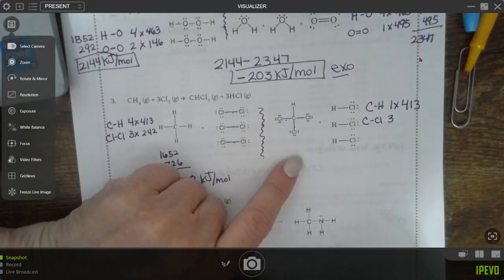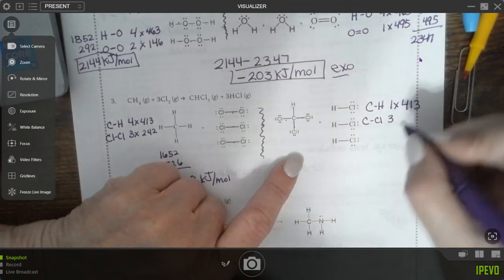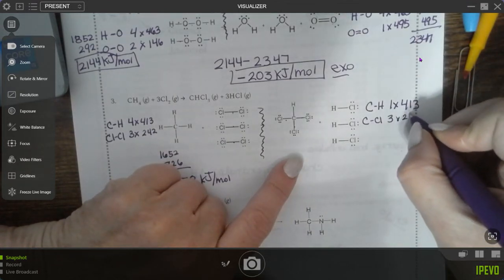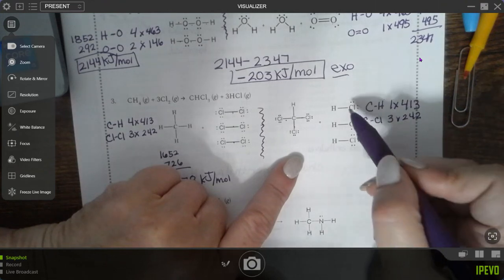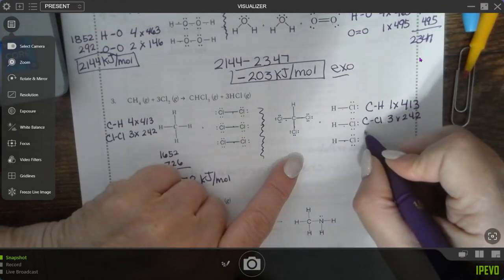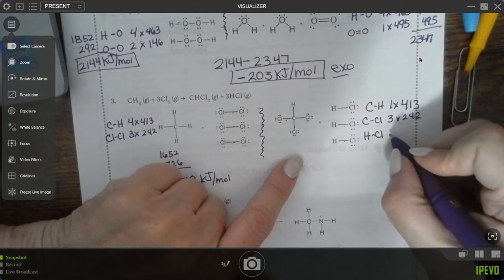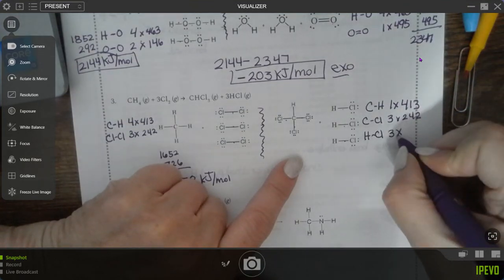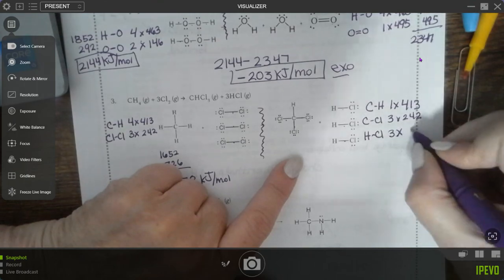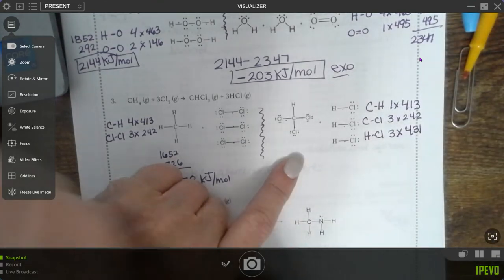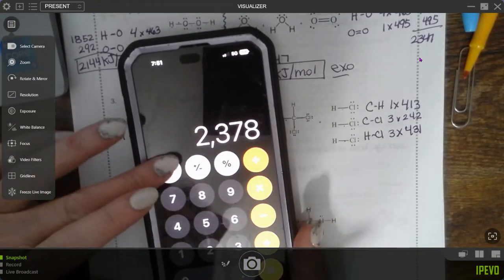If I look at my table, carbon-chlorine bond is 242. And then I have 1, 2, 3 hydrogen-chlorine bonds, and the total for that is 431.